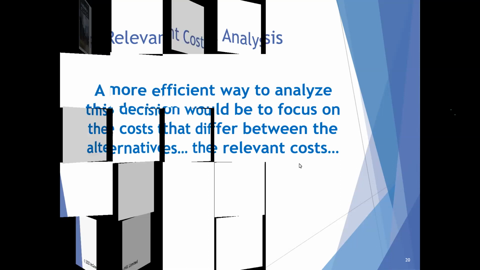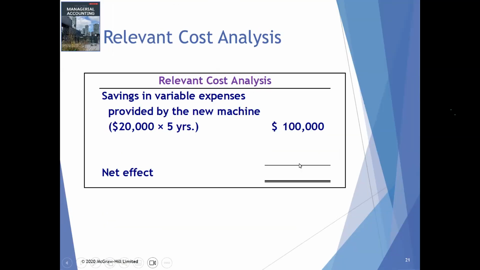Now look at this, the relevant cost analysis that we are doing once again, and another way of calculating the same thing. In a nutshell, if we talk about the saving, we know that the variable cost is $100,000 minus $80,000, which is equal to $20,000.